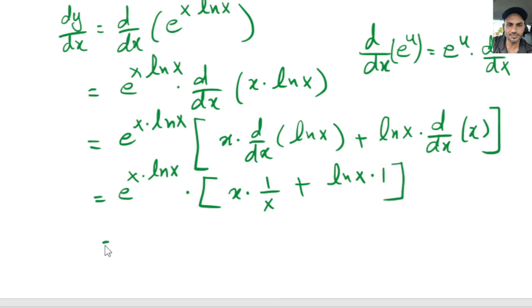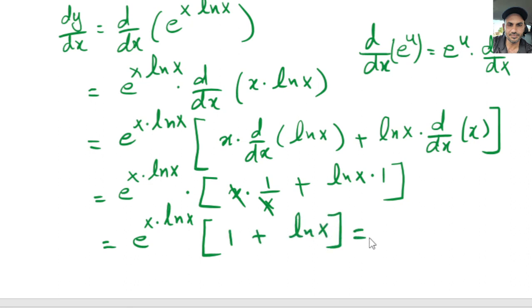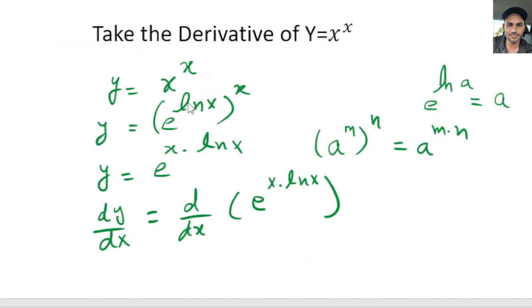So we get e to the x times ln of x, and inside, the x cancels out the x in the denominator, and we get 1 plus ln of x. Now we already know that e to the x ln of x equals just x to the x.